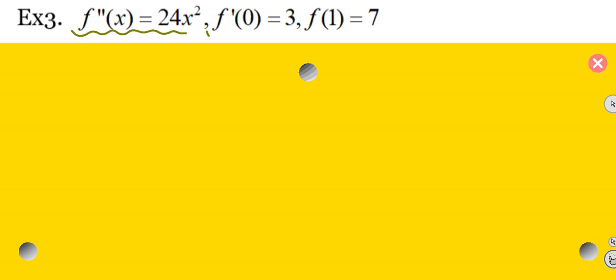So when we integrate the second derivative, we're going to get back to the first derivative. We'll have a plus c. We're going to use this, plug it in to solve for our c. Then we have the first derivative we can take the integral of, and when we're done integrating, we can use this to solve for our c. So ready, set, go, pause it, and come back.